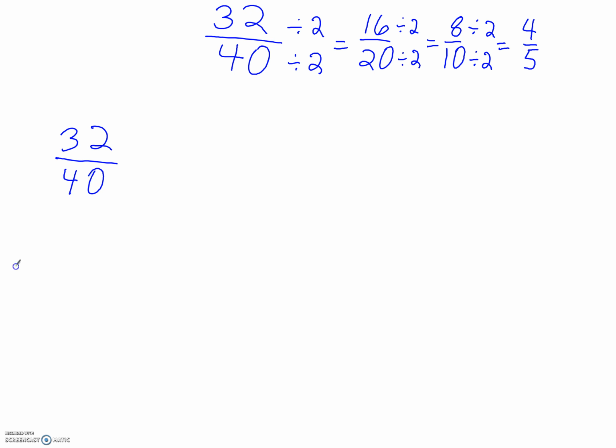So all of our factors for 32 would be 1 and 32, 2 and 16, 4 and 8.